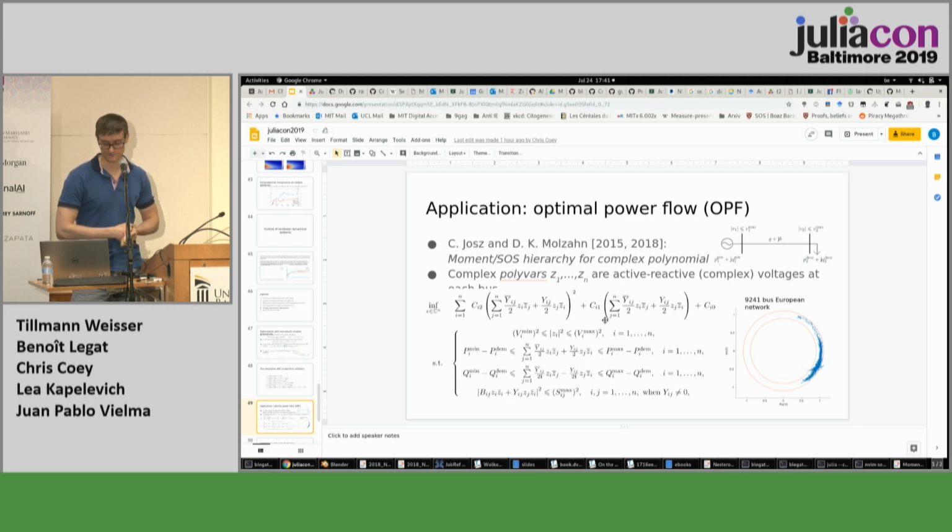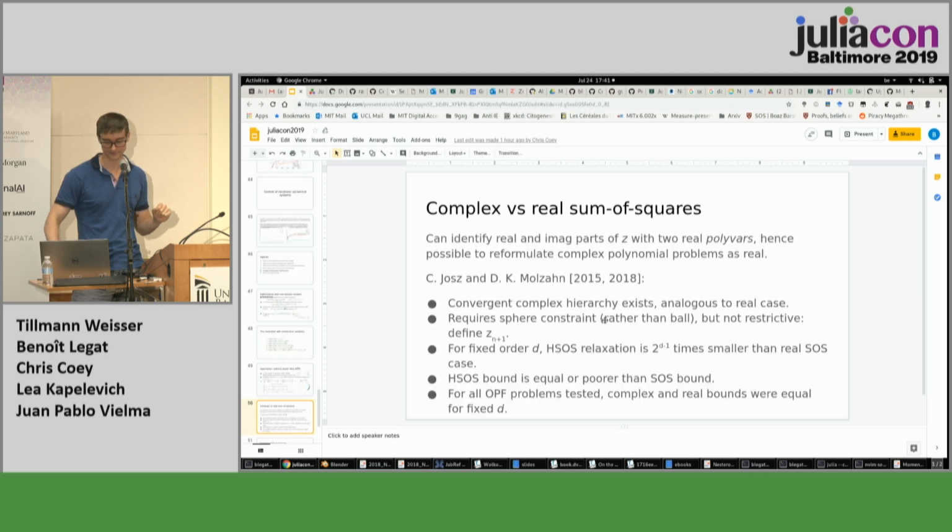And so they don't know about W-SOS, so they're using MOSEK or whatever with real PSD cones. So they're doing several transformations where they're actually identifying the real and imaginary parts with 2 real polyvars. That's one type of formulation. So you make the polynomial optimization problem real with twice the number of variables, and then you go and solve a relaxation of it.